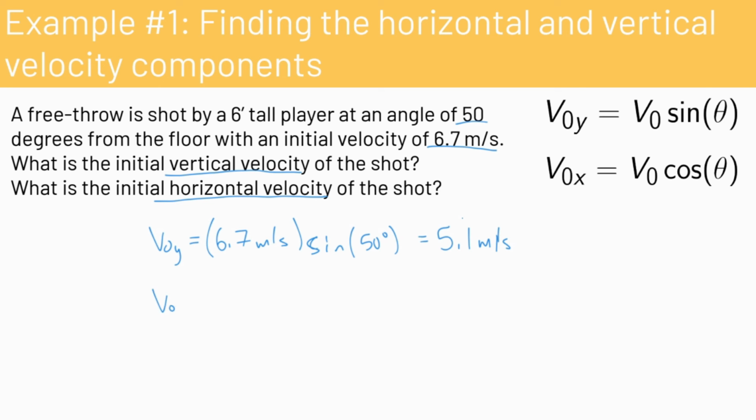And then in the x direction, we're going to have 6.7 meters per second times cosine of 50 degrees. That's going to give us a horizontal component of velocity, 4.3 meters per second.